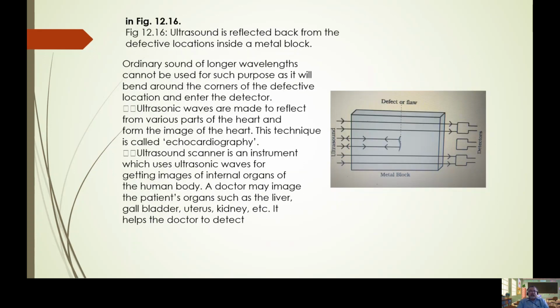Ultrasound is reflected back from the defective locations inside the metal block. Ordinary sound of longer wavelengths cannot be used for such a purpose, as it will bend around the corners of the defective location and enter the detector.